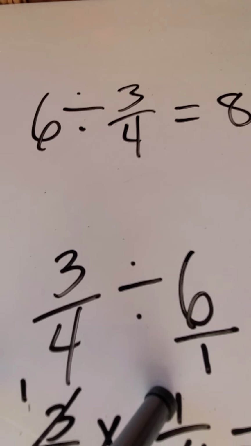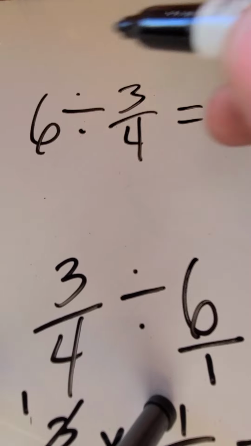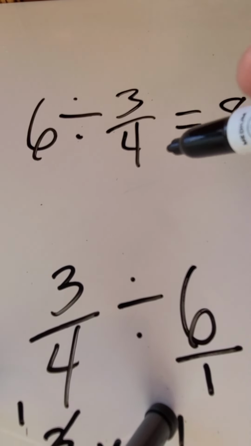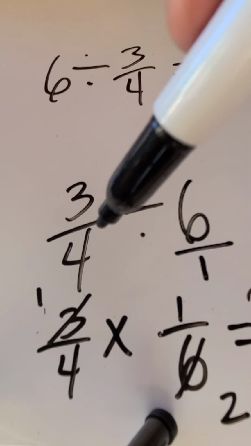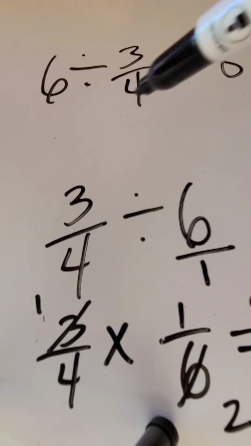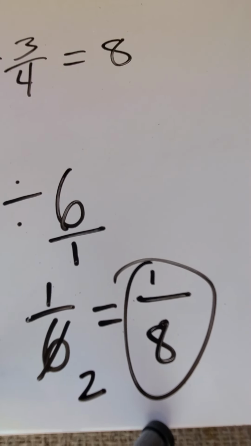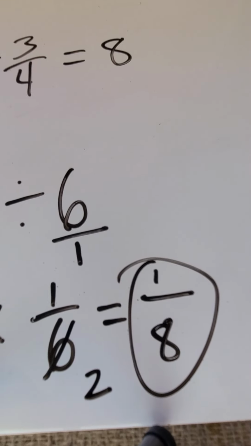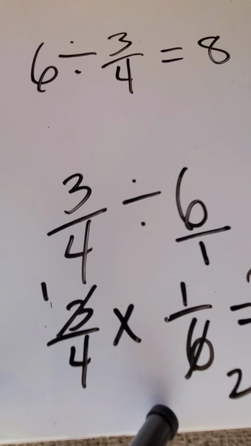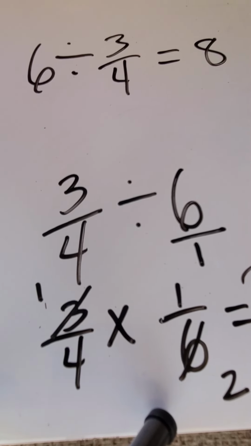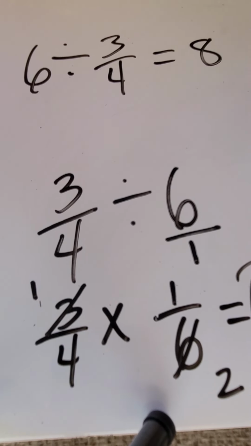So it seems to me that if we were to do the opposite, flip these around as we did here, we're going to get the reciprocal as an answer. Just a little interesting tidbit that you can take as a fact with you and add it to your mathematical arsenal.